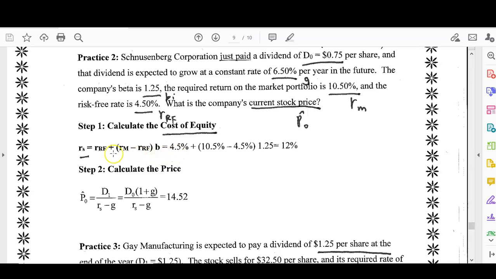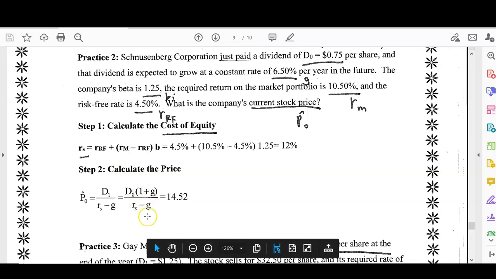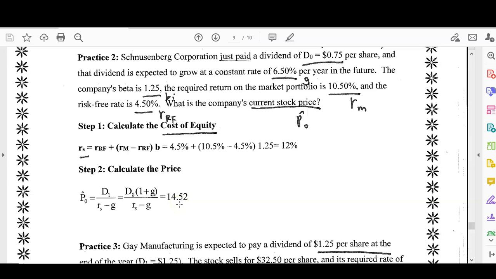All three variables are given. Plug the numbers in, and we get RS as 12%. Then we use D1 over RS minus G, which is the same as D0 multiplied by 1 plus G over RS minus G. Plug the numbers in, and we get a price of 14.952.